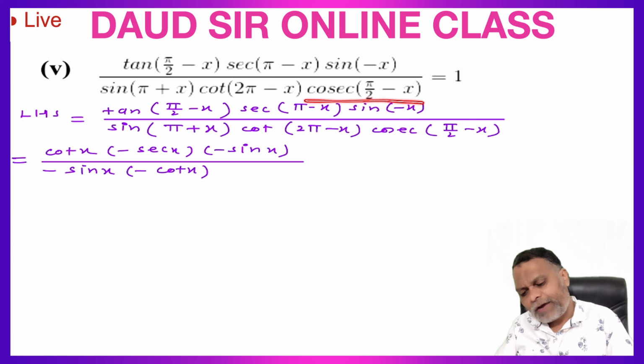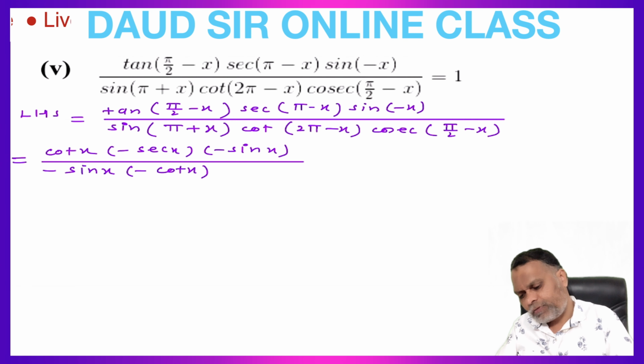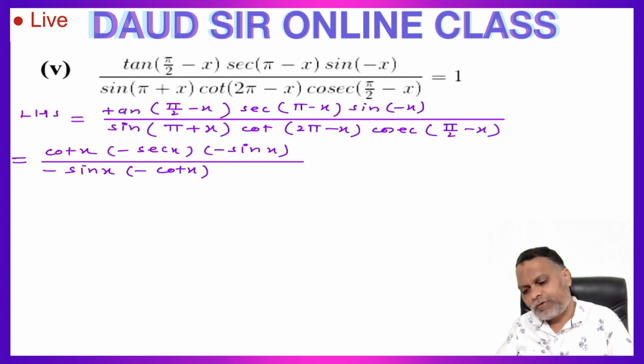And cosec(pi by 2 minus theta). 90 minus theta lies in first quadrant. In first quadrant all trigonometrical ratios are positive, this is cosec, so plus. In case of 90, change cosec to sec, so this is sec x.